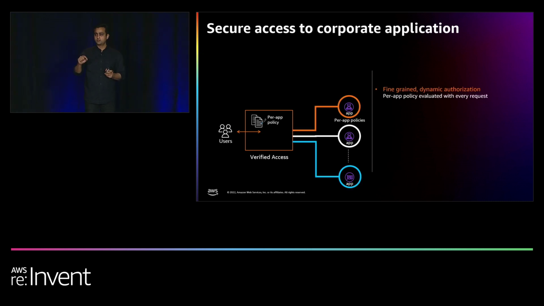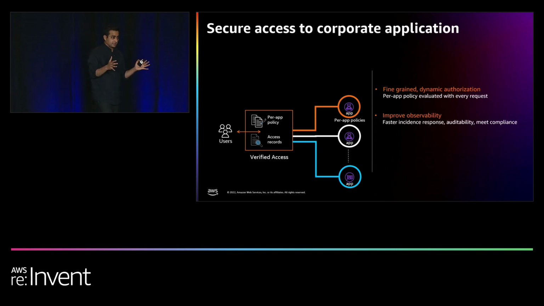It gives you control over each application. You can define unique policies for each application, like members of the finance team can access the financial application only if they are using a compliant device with disk encryption on. And every user can access the corporate IT help desk, right? So you can define those kinds of policies.